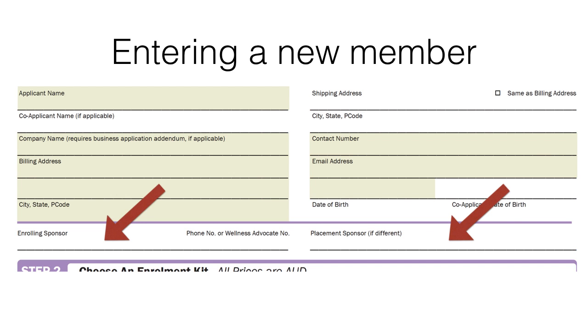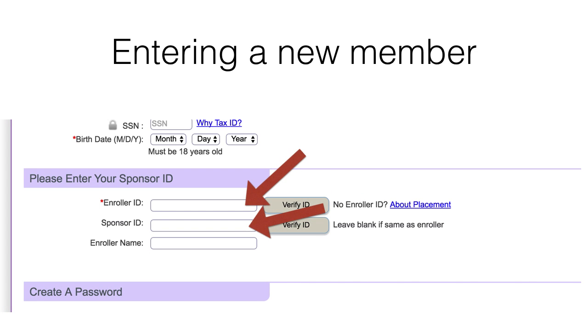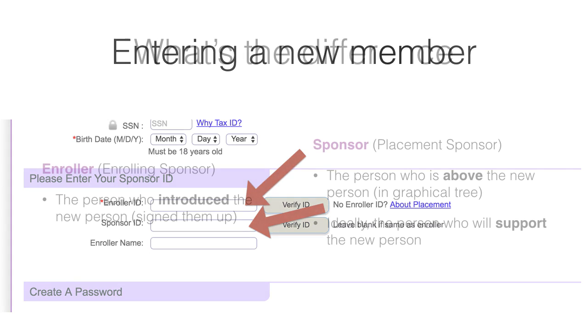You can help them, but you'll need to know these differences, because as you go to place their information in the internet, as you go to set up their new account, you'll need to know the enroller ID and the sponsor ID. So that's what we hope to accomplish in this video, is to explain the difference between these so you can identify who the enroller should be and who the sponsor should be.